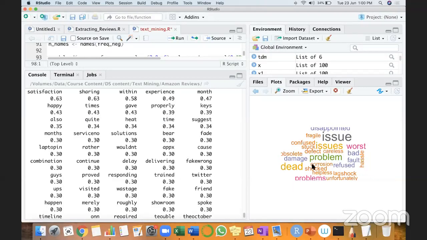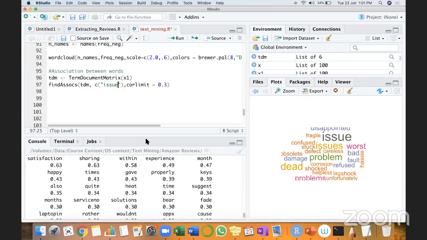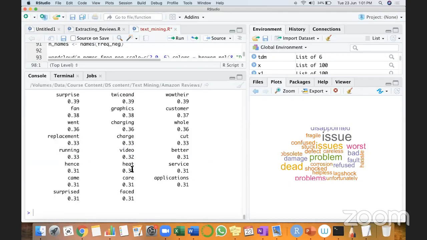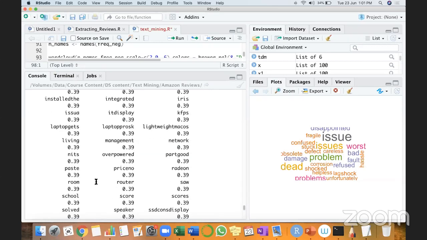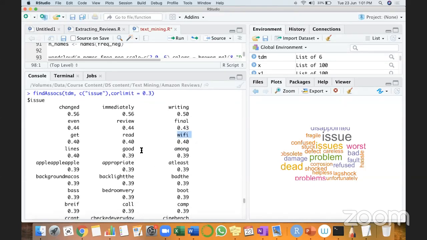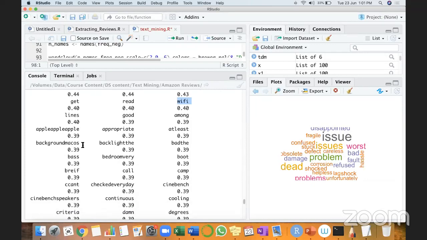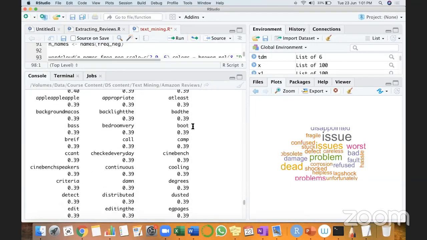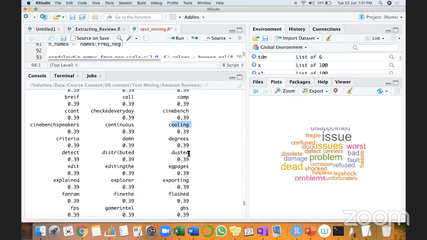For example, issue. So here is the issue. You can also understand what other words people are using with this issue. Issue, writing, review, Wi-Fi issue in the laptops, boot is another issue, cooling is an issue, detected some issue.